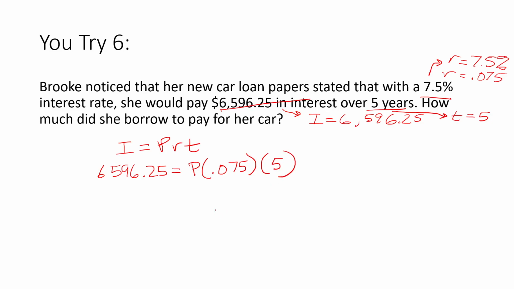So let's simplify a little bit to make it a little bit nicer. 5 times 0.075 happens to be 0.375. 0.375 times P is equal to 6,596.25. I'll divide both sides by 0.375 to get P all by itself.